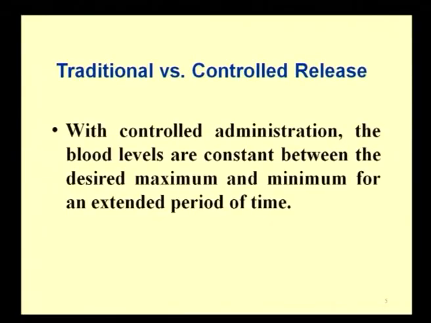Hence, we now go on to the second type of release, which has more control over the release of the drug into the body, called the controlled release. In the case of controlled release, with the controlled administration of the drug into our body, the blood levels are constant between the desired maximum and the minimum for an extended period of time.